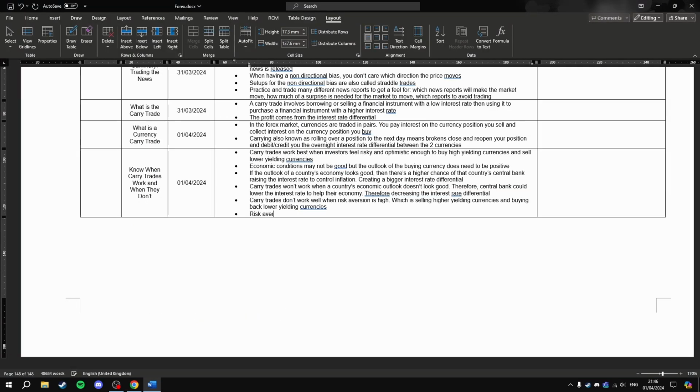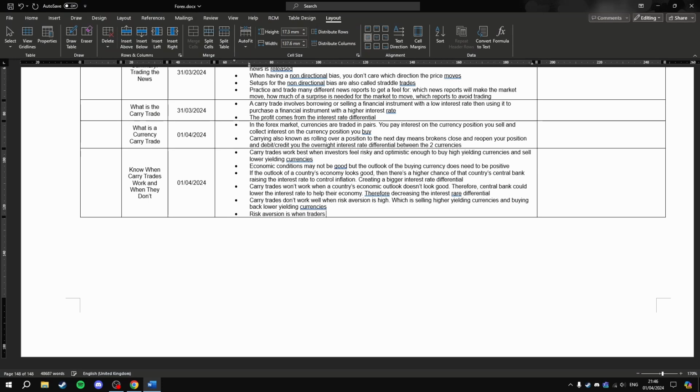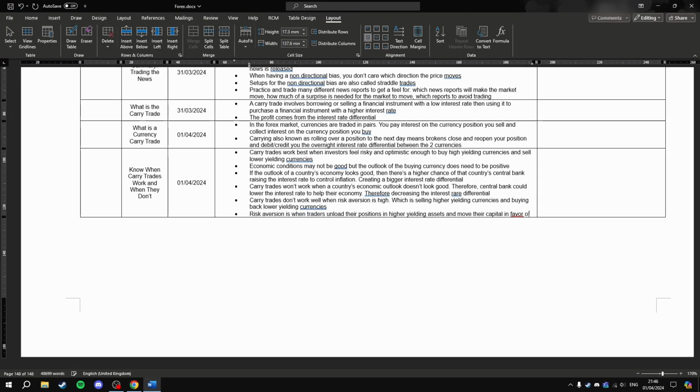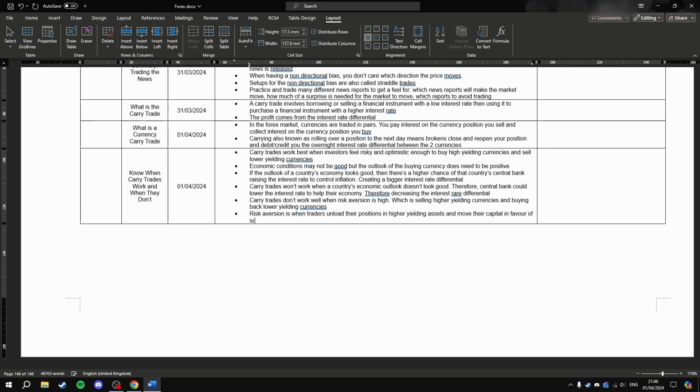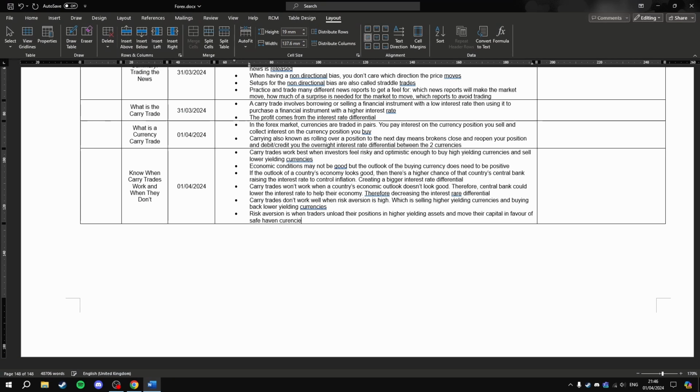So risk aversion is when traders unload their positions in higher yielding assets and move their capital in favor of safe haven currencies.